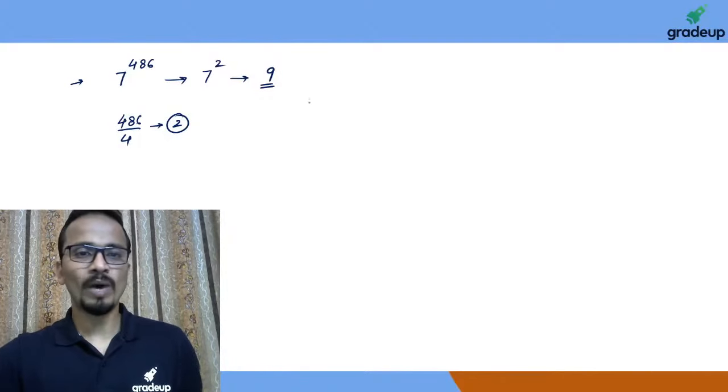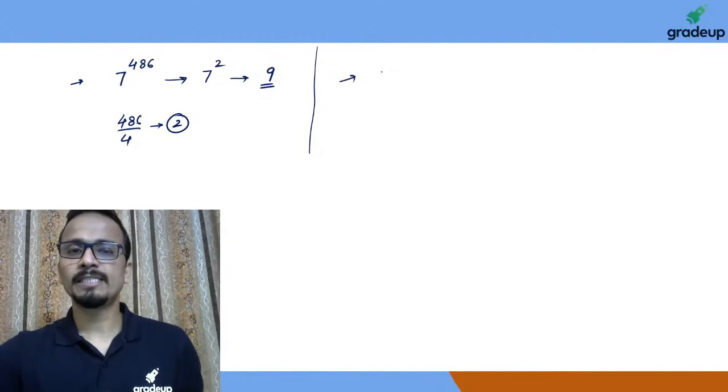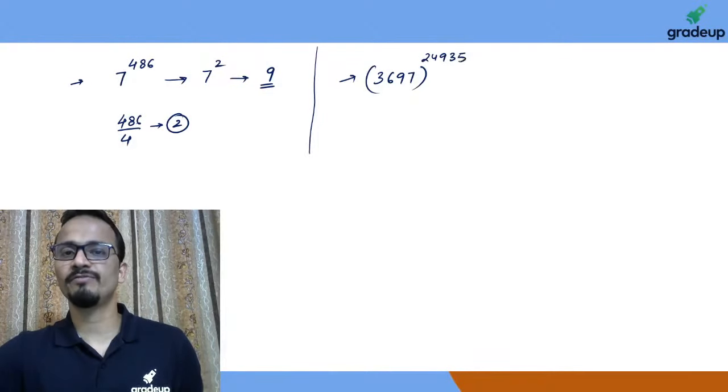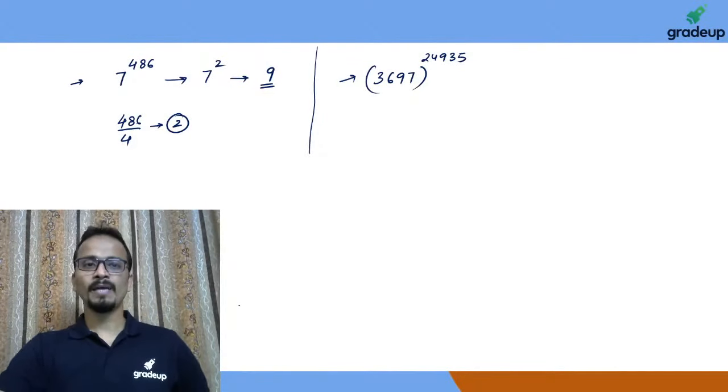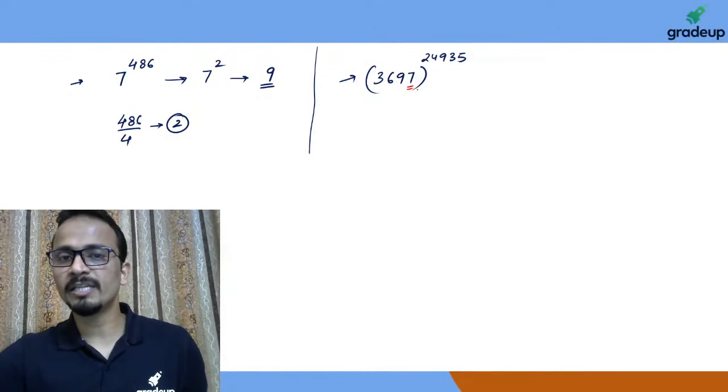Now taking one more question. Let's say the base is 3697 and the power is 24935. Now, as a simple logic, we just need to consider the unit digit in the base.